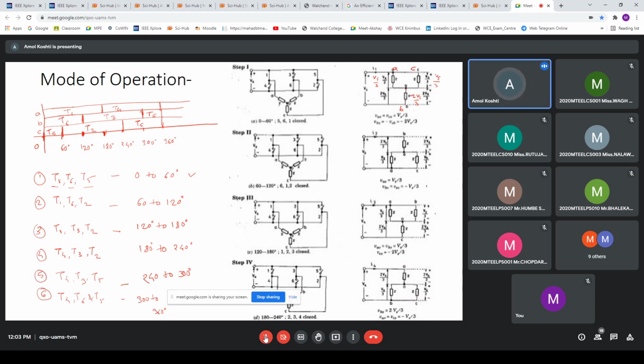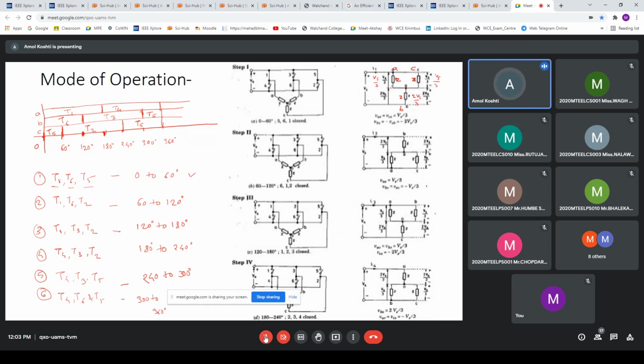So how is this calculated? Based on the voltage division rule. What is the voltage division rule? Here the impedance of each switch and load is indicated as Z. All the loads in their respective phases have Z impedance.